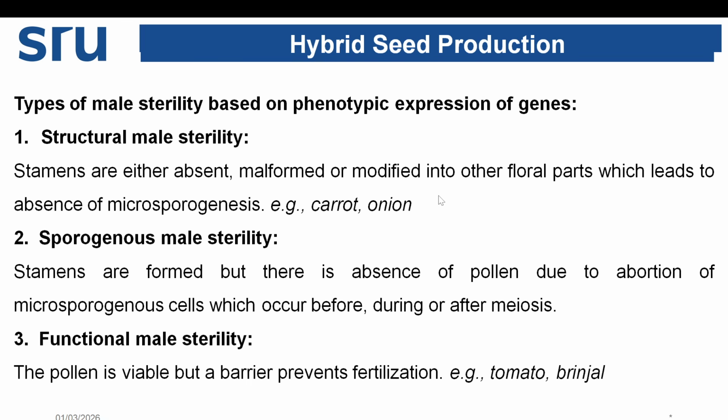Second, sporogenous male sterility, where stamens are formed but pollen is absent due to abortion of microsporogenous cells, which occurs before, during, and after meiosis. The third type is functional male sterility, where the pollen is viable but a barrier prevents fertilization, for example tomato and brinjal.